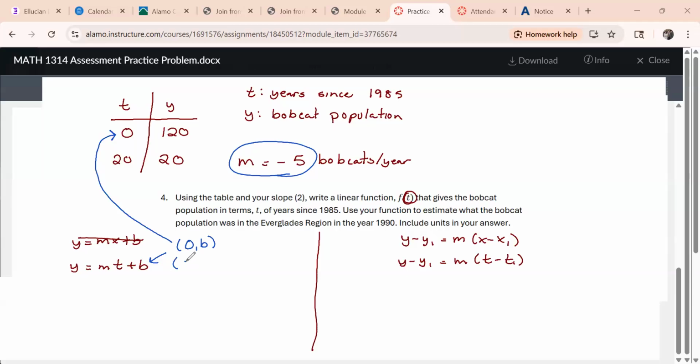So this is really just the point (0, 120). That means b is just 120. So I can rewrite this as y equals minus 5t plus 120. So we wanted a function that is f of t. So instead of writing y, we just say f of t is going to be negative 5t plus 120.